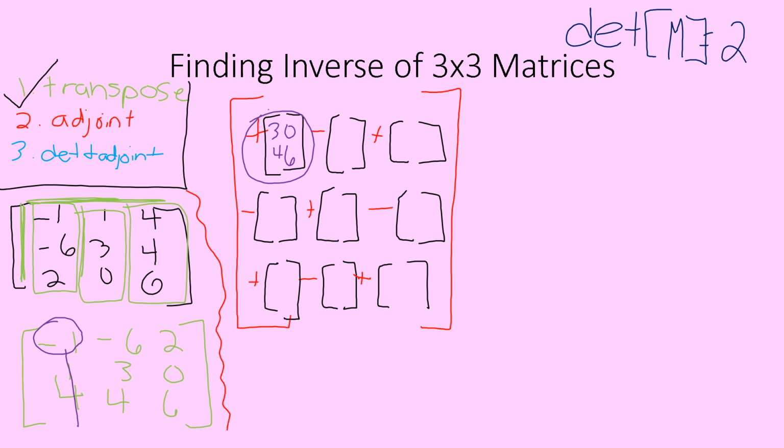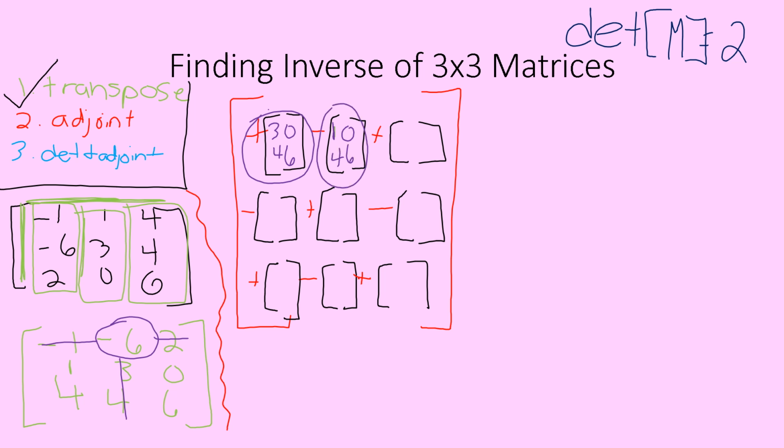Now we're going to move on, and we're going to cover up our next term, cross out whatever is in that row and that column, and we will be left with 1, 0, 4, 6.